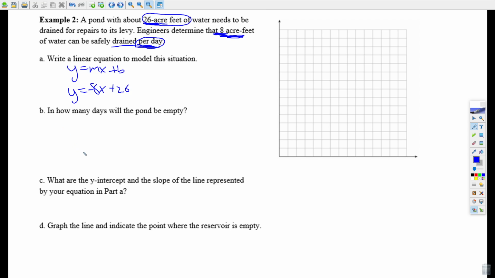Before we do that, I think we're going to go ahead and graph it. I think we'll wait till we graph it right now. I should also label some of this stuff. So y and x. What does each one stand for?